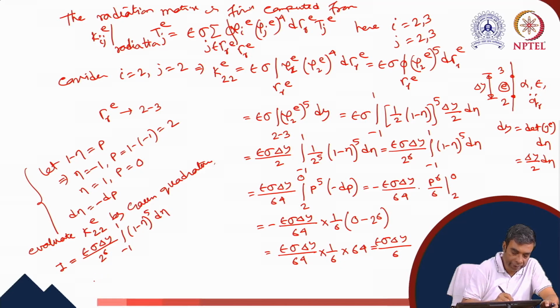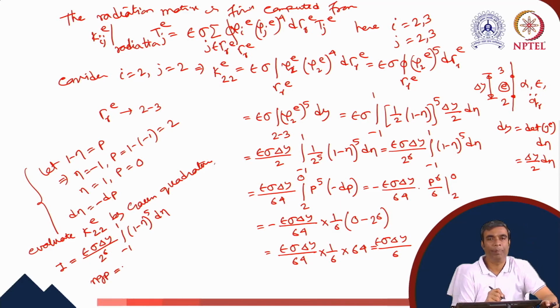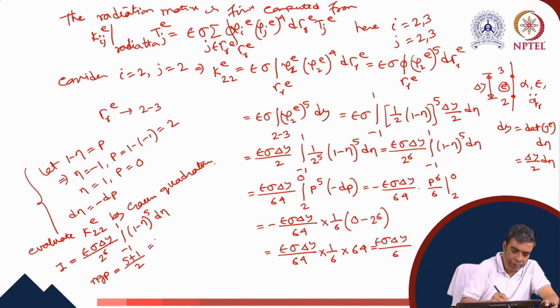In this case, our number of Gauss points will be the power of the polynomial plus 1, divided by 2. The power of the polynomial is 5. This is a fifth degree polynomial. The integrand (1 minus eta) to the power 5 has the coefficient term 1 into eta to the power 5 at the last, so we can consider the polynomial as fifth degree. So this is (5 plus 1) by 2, which is 3. It means that we have to perform a 3-point quadrature.